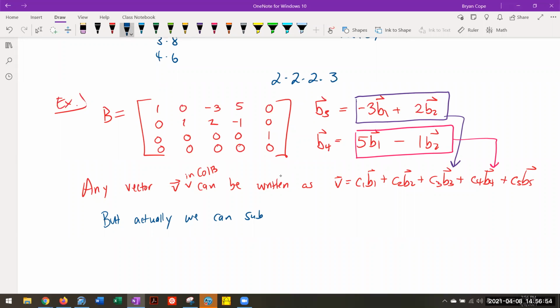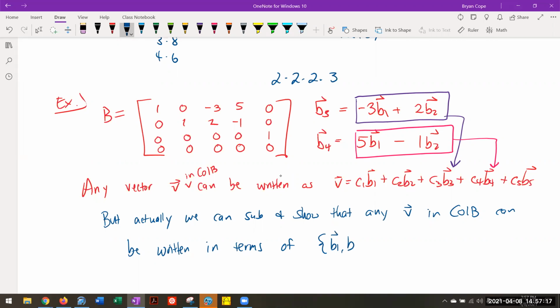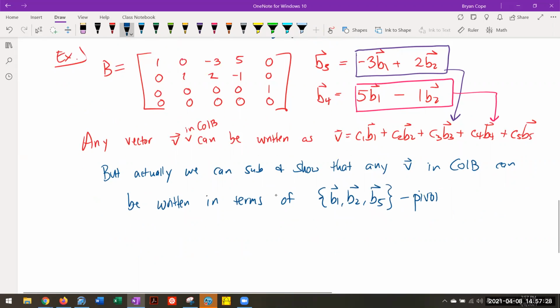We can substitute and show that any V in col B can be written in terms of B1, B2, and B5, which are the pivot columns of B.